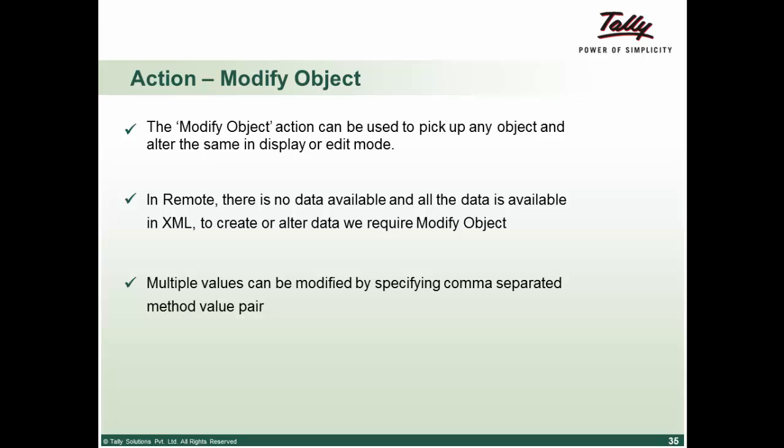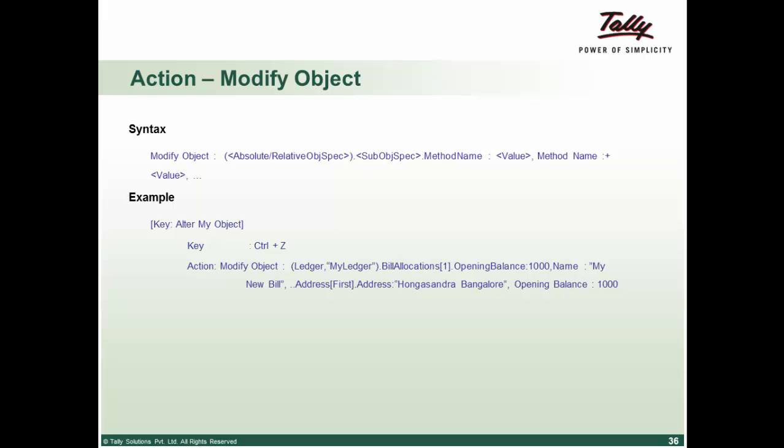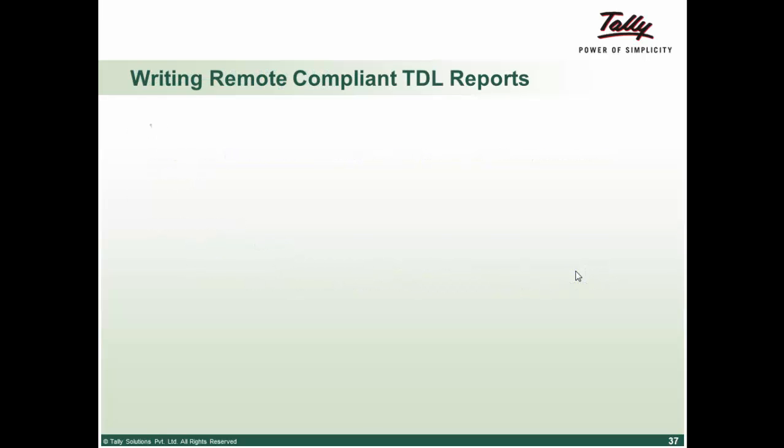Multiple values can be modified by comma separated method values. So this is the syntax: object, absolute or relative object context, and you can specify the methods that you want to provide. Simple.